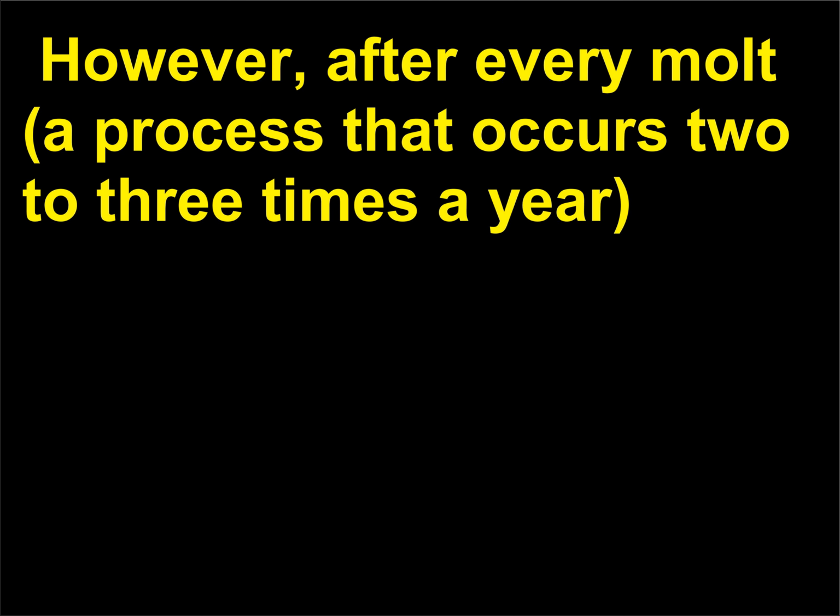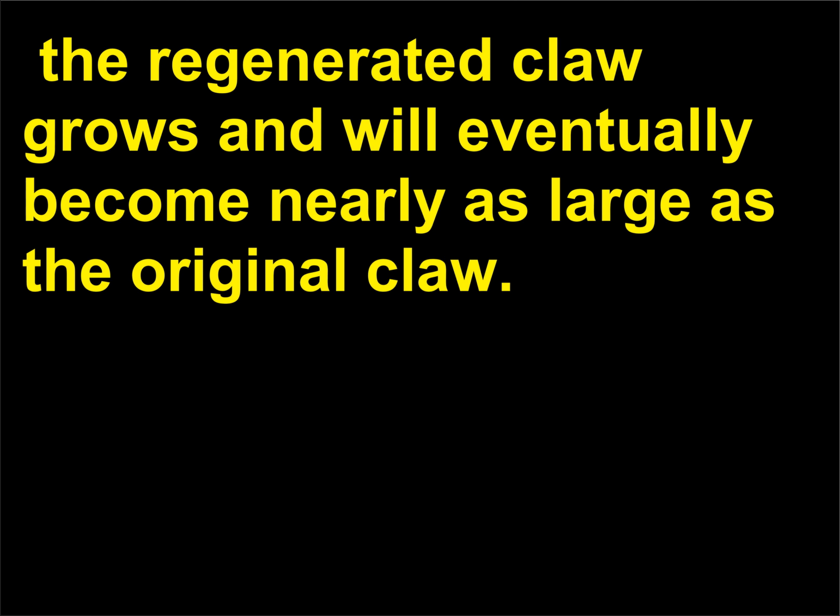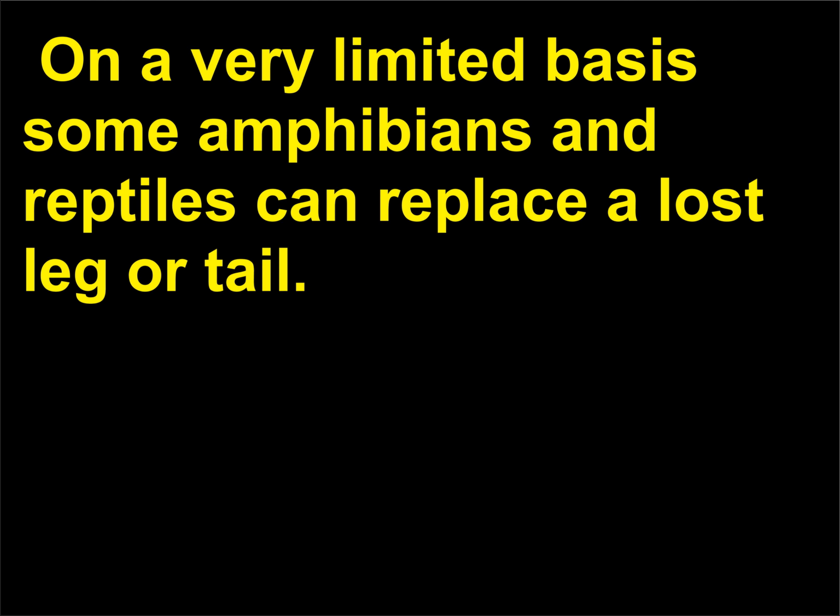However, after every molt, a process that occurs 2 to 3 times a year, the regenerated claw grows and will eventually become nearly as large as the original claw. On a very limited basis, some amphibians and reptiles can replace a lost leg or tail.